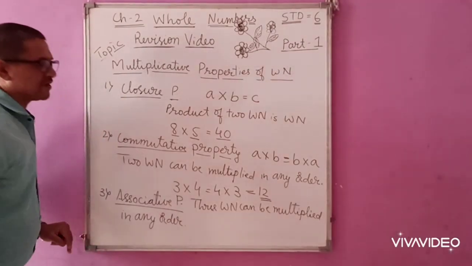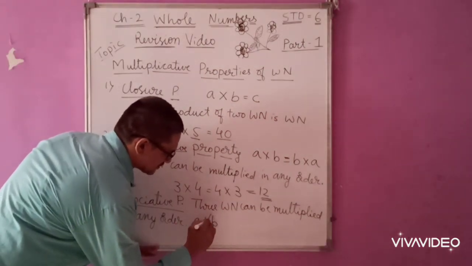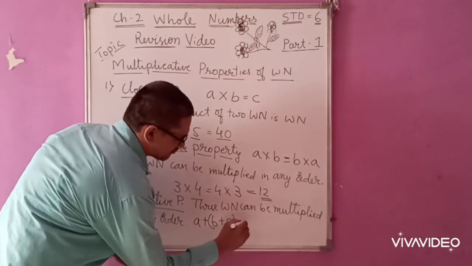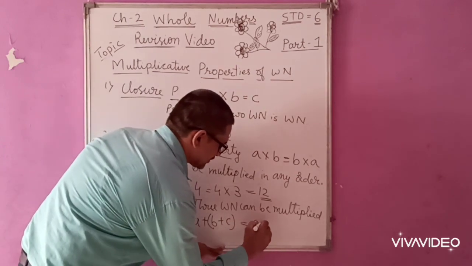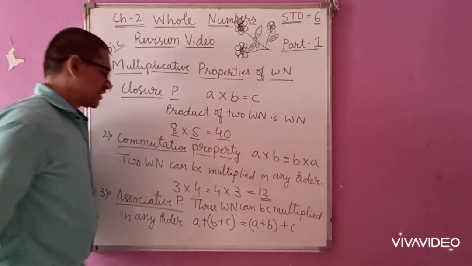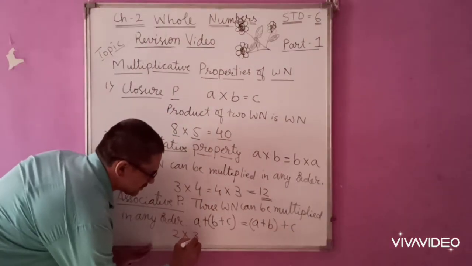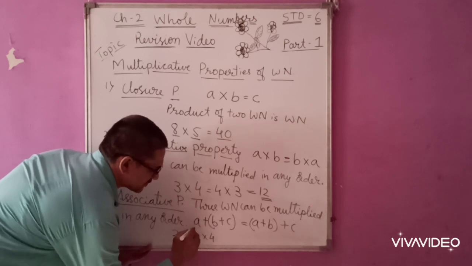If we write in terms of A, B, C, A multiplied by B multiplied by C is equal to A multiplied by B multiplied by C. Now if I give the example 2 into 3 into 4.